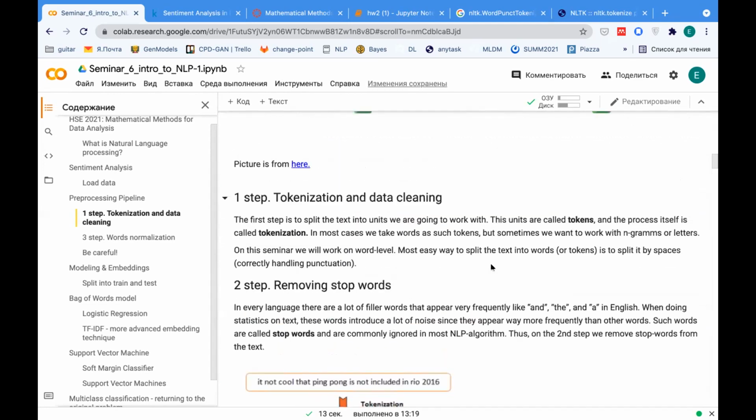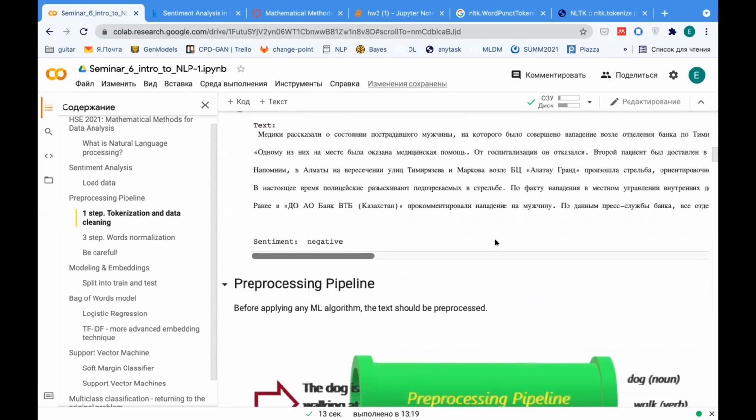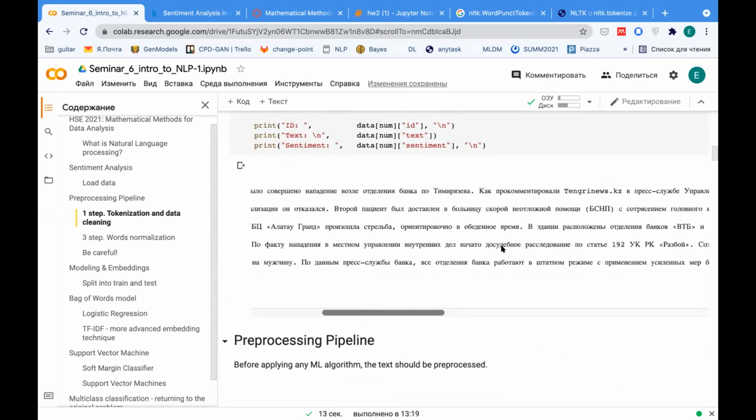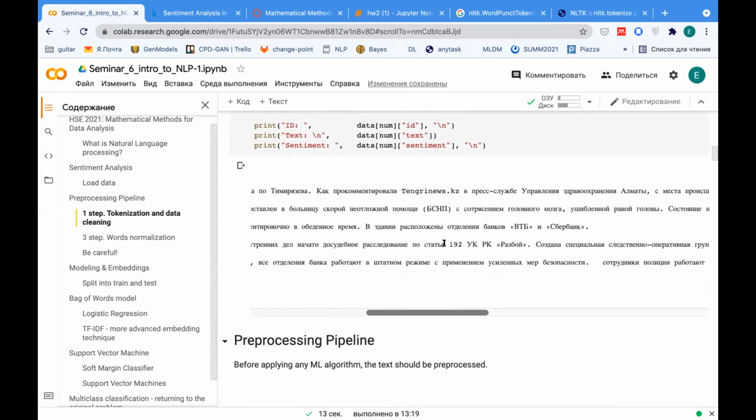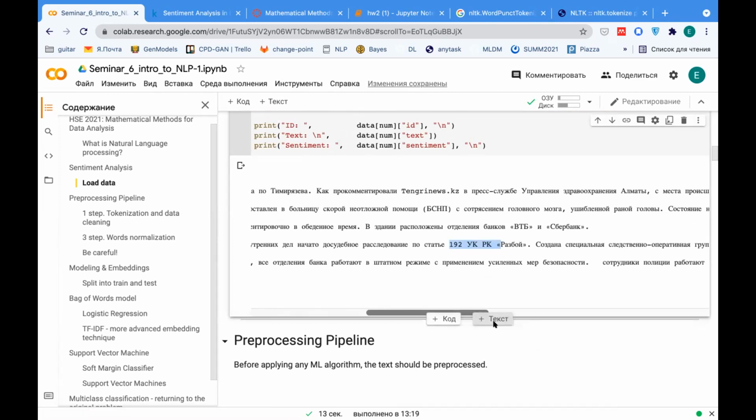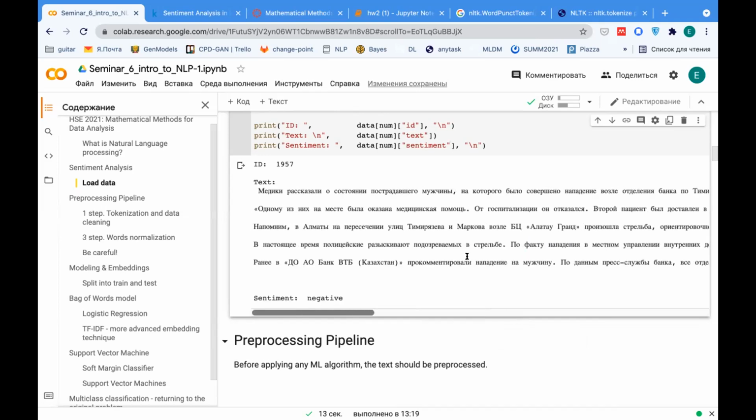But also we have some probably important numbers like this. It's the number of a criminal article. So these numbers can be important for separating negative news and neutral news.